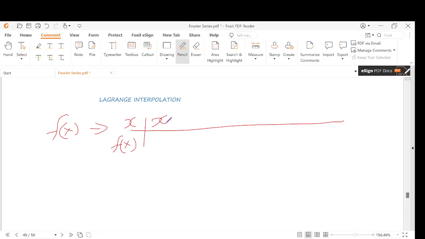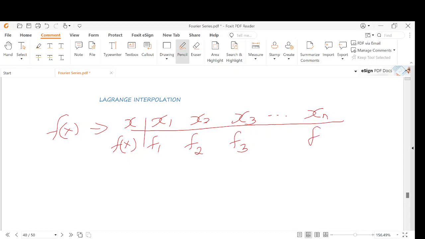We have x1 and the corresponding value of the function f1, x2 and the corresponding value of the function f2, x3 and the corresponding value f3, and like that all the way up to xn and the corresponding value of the function, which we can call fn, so that we have n data points.